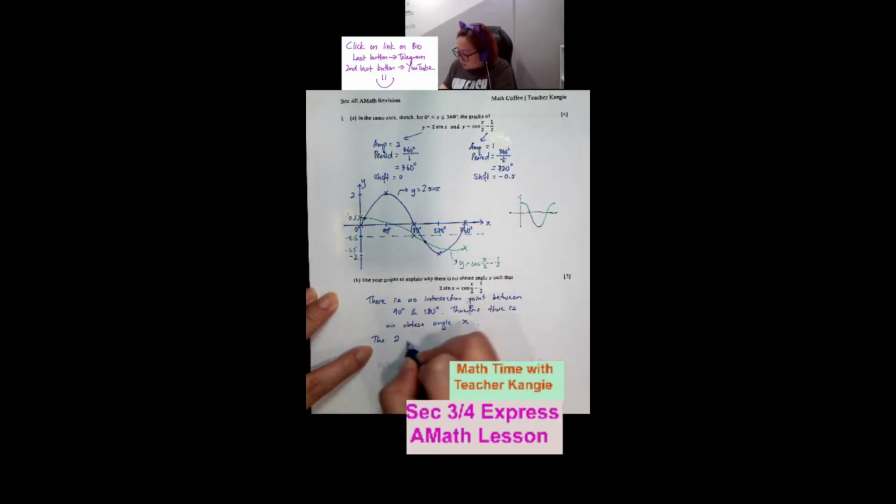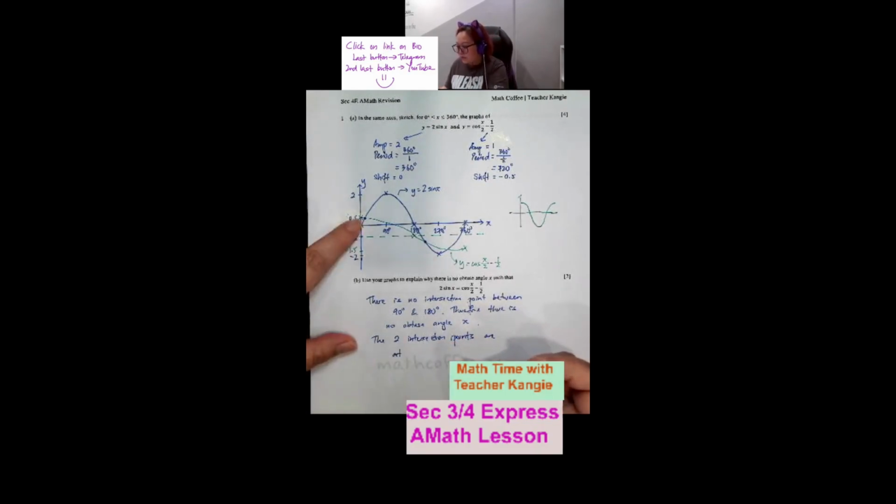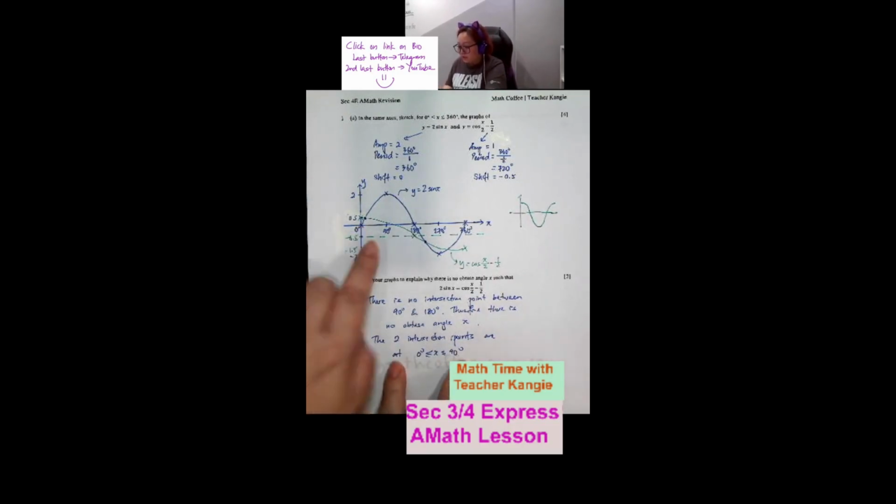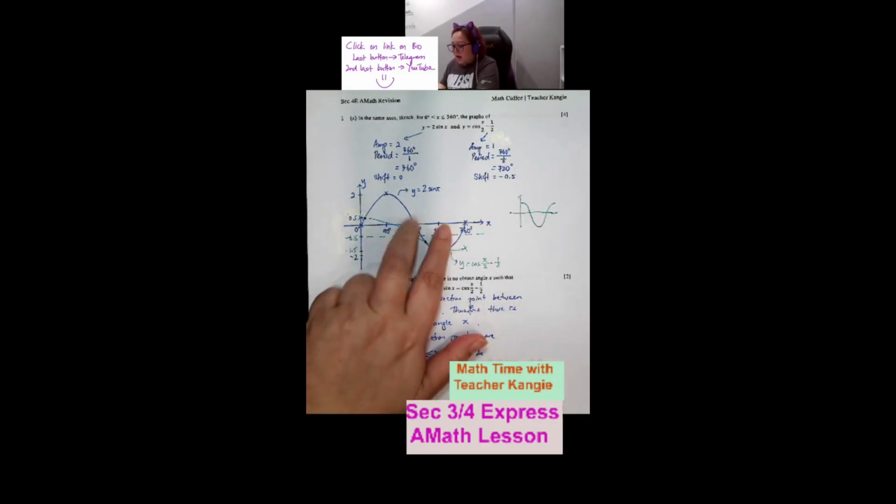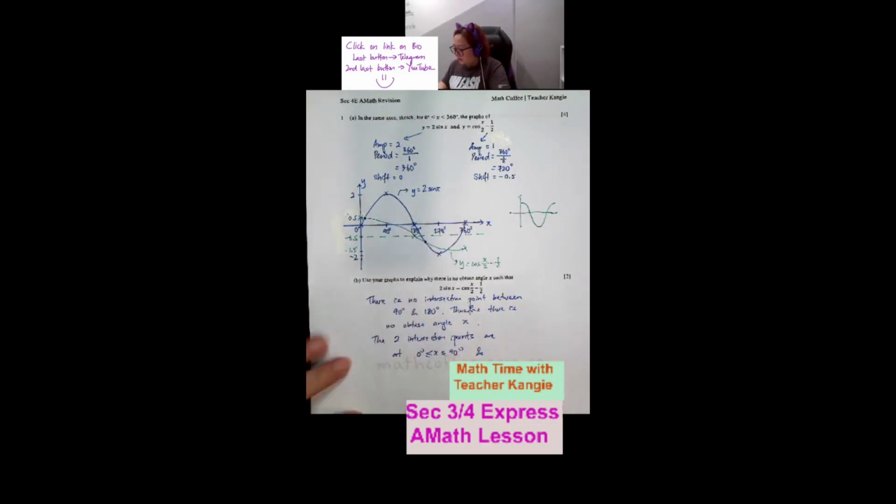The 2 intersection points are at, the first one is between 0 to 90, it's between this range, you see, it's between 0 and 90, and 180 and 270. Okay?